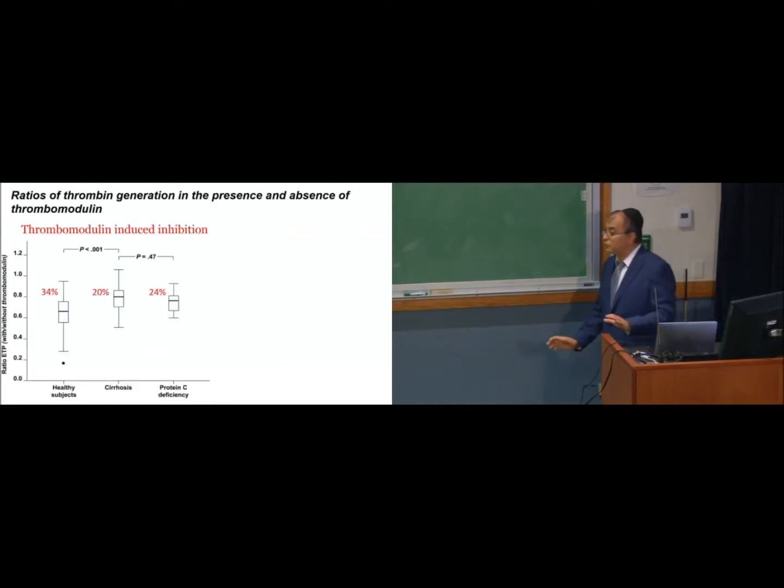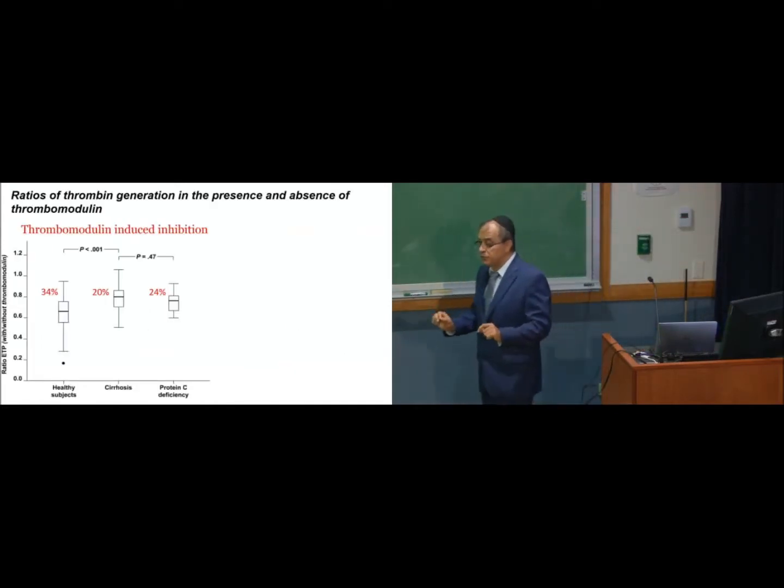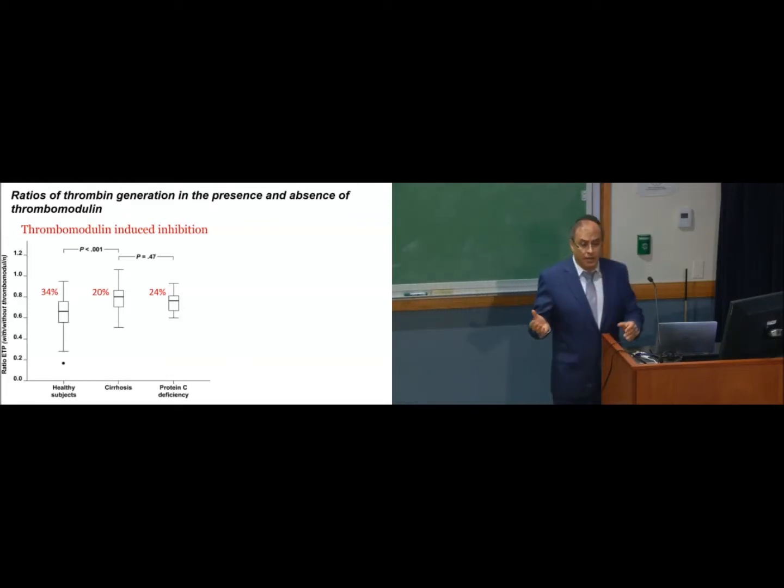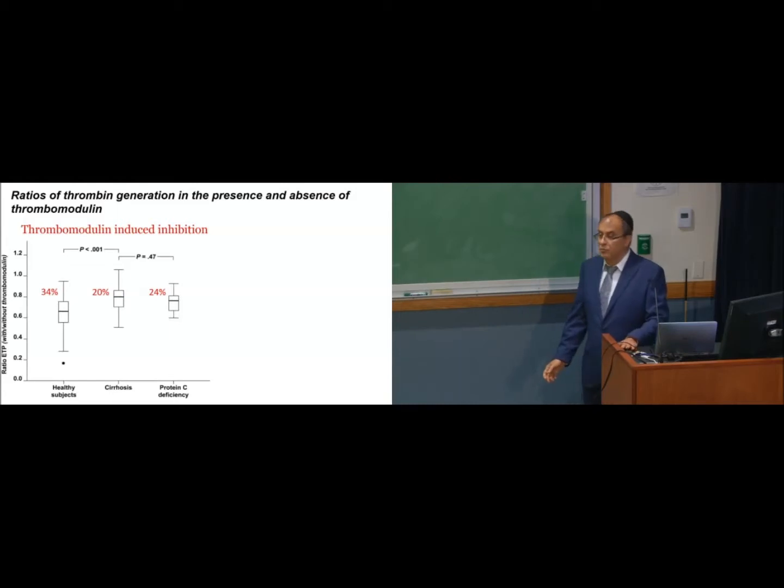Then they looked at thrombin generation, but this time they expressed it not as the absolute thrombin generation, rather as how much administration or addition of thrombomodulin, and thus activation of the anticoagulant opposing forces, can inhibit thrombin generation.